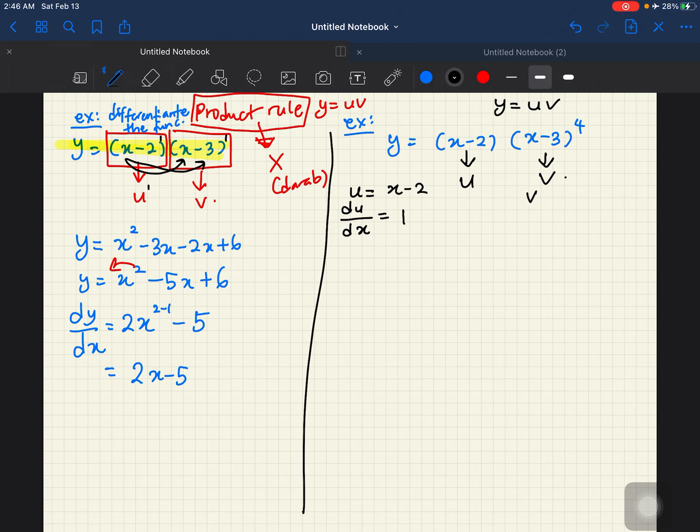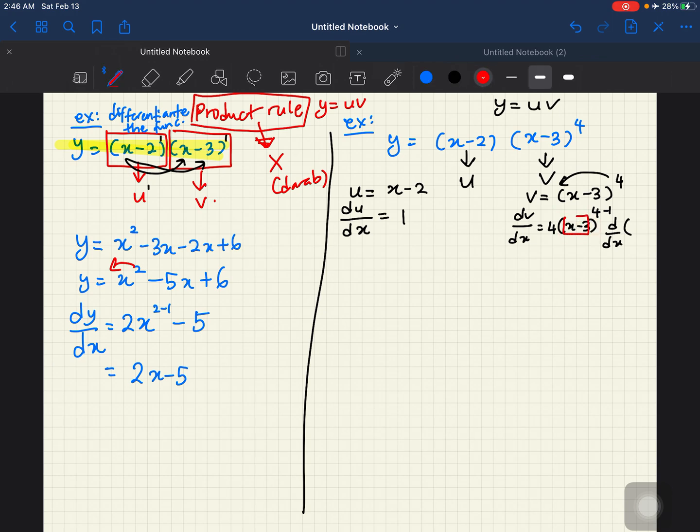Okay? So what about v? v is x minus 3 power of 4. So dv over dx is equals to, we reduce the power of the bracket, x minus 3, 4 minus 1. And then we have to differentiate the terms inside, yang berada di dalam bracket.